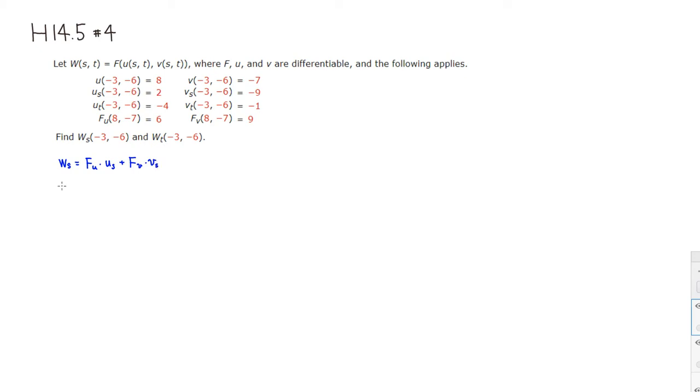So we need to plug in these numbers. So you have w sub s of (-3, -6).